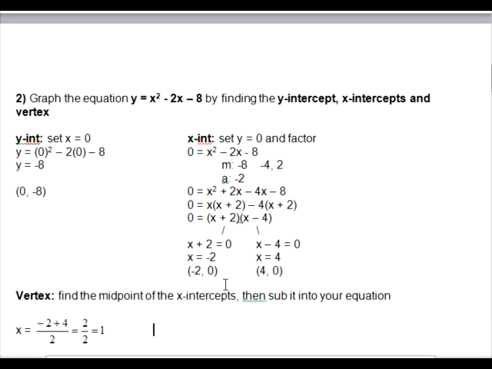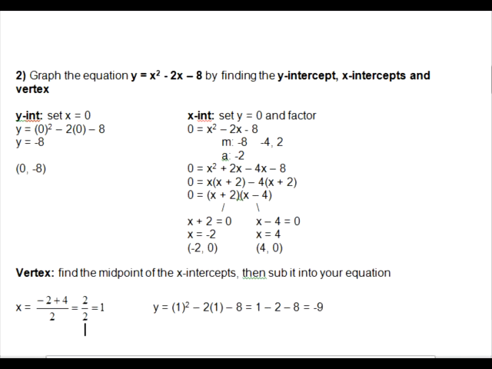To get the y value, you're just going to sub it into the equation. So y equals 1 squared minus 2 times 1 minus 8. 1 squared is 1, minus 2, minus 8, which equals negative 9. So thus my vertex is 1 and negative 9.